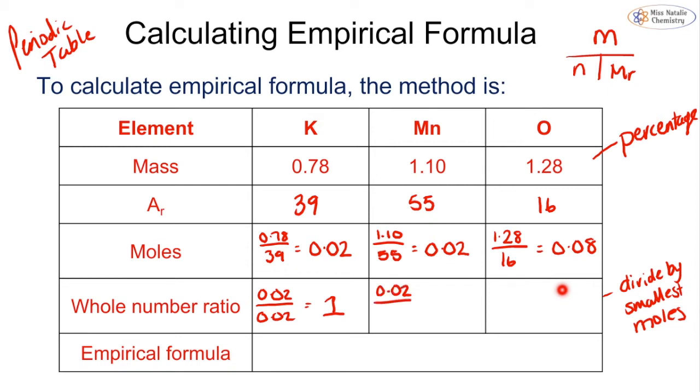That's the same for the manganese. And then for the oxygen, it's 0.08 divided by 0.02, and that gives me an answer of 4. These are the numbers that I then use for my ratio. I have a 1:1:4 ratio. So my answer for my empirical formula is going to be KMnO4.